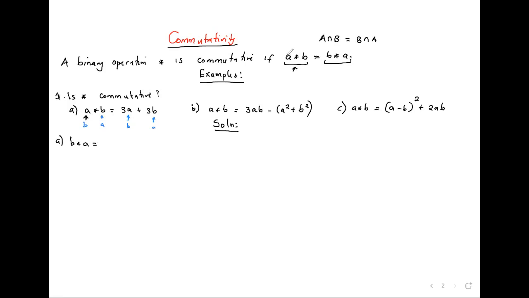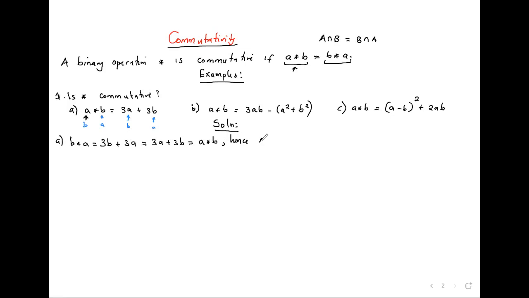So this is going to be 3b plus 3a. Now we compare. But this is equal to 3a plus 3b, which is equal to a star b.